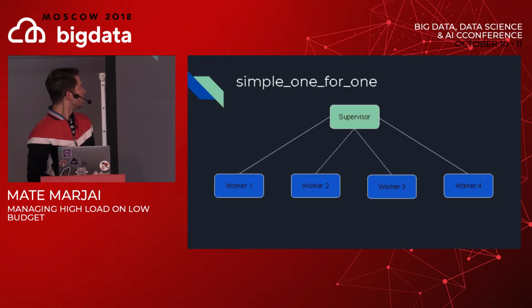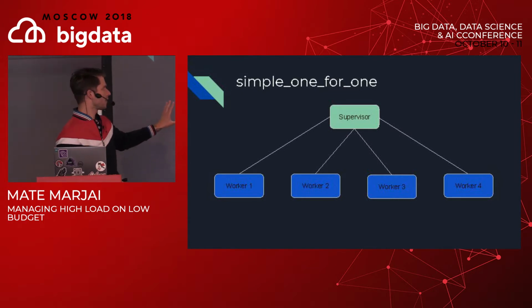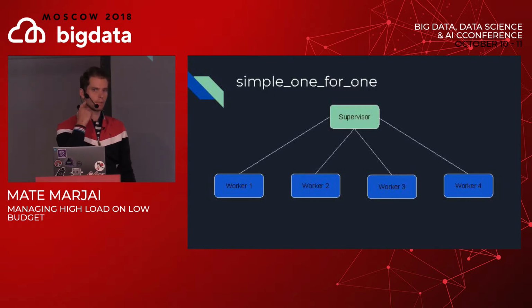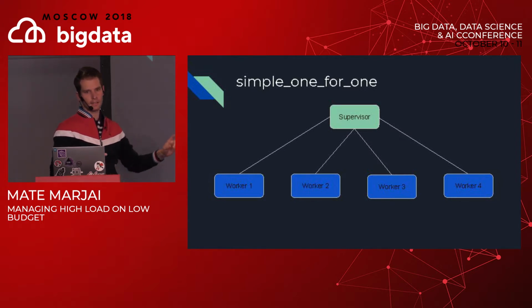Okay, and there's a fourth strategy when it comes to this data processing that's fairly new in the Erlang ecosystem, which is called simple one-for-one. All these previous strategies had to be declared, all the configuration had to be declared at startup time of your whole application.